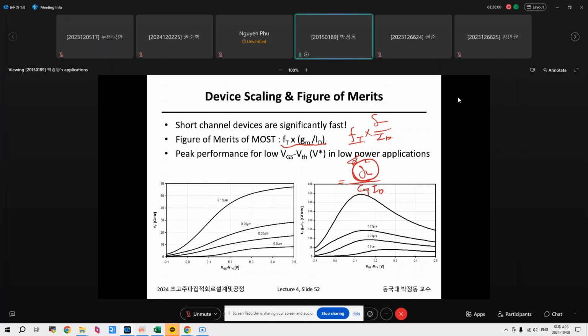For low power application, we need to reduce this, and reduce this for better performance. For an LNA, you need to reduce this overdrive voltage. Okay, Pampu?